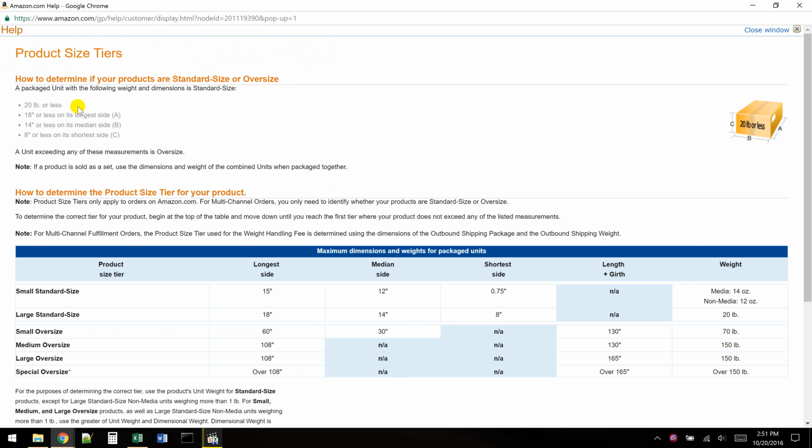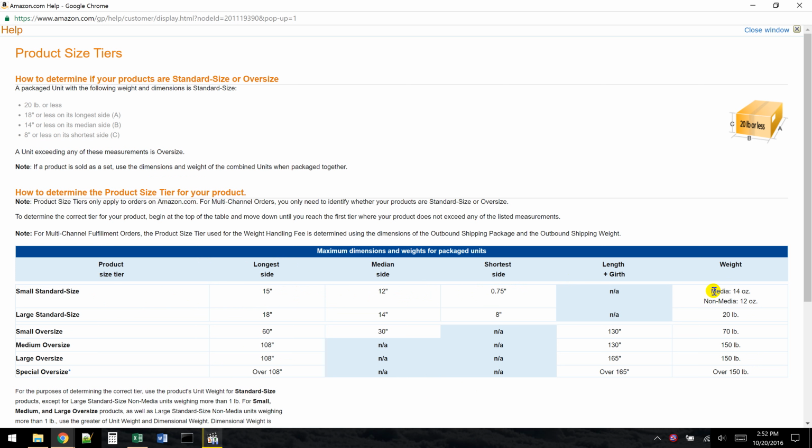If it's 20 pounds or less, if its longest side is 18 inches or less, median side is 14 inches or less, and its shortest side is 8 inches or less, then your product is standard size. Otherwise, it's oversize. This chart shows the maximum values. So if it's under 15 inches on the longest, 12 on the median, 0.75 inches on the shortest side, that's very small.